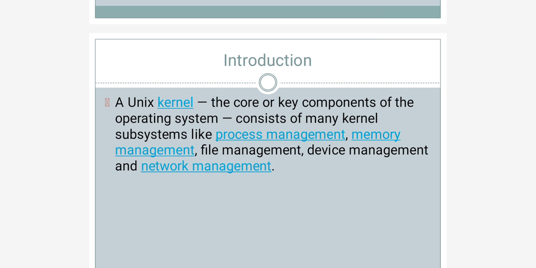Next one is memory management. Process management is very important, and memory management is equally important compared to process management.